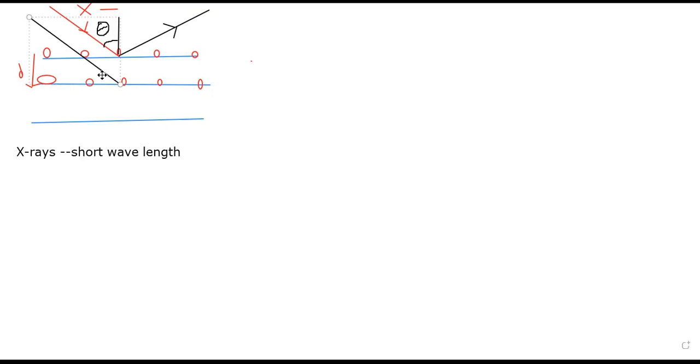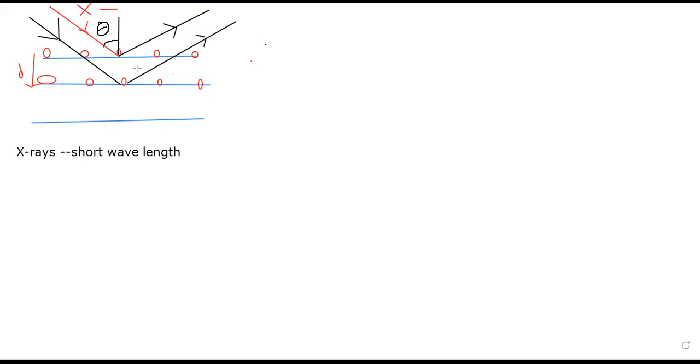This is the direction of the second beam, which is incident on the second plane, a plane exactly below the first one. Again it is scattered by this atom in this direction, and the direction of this scattered light is in the same direction here.